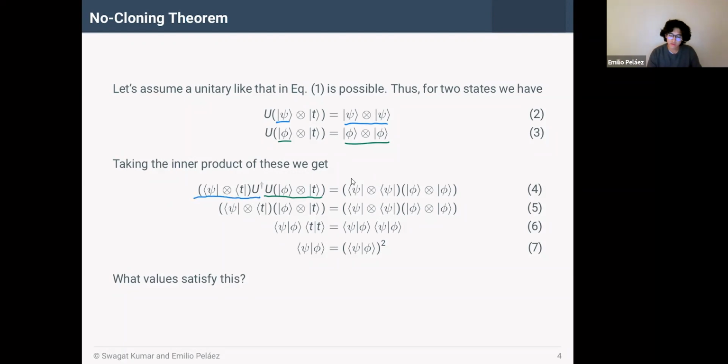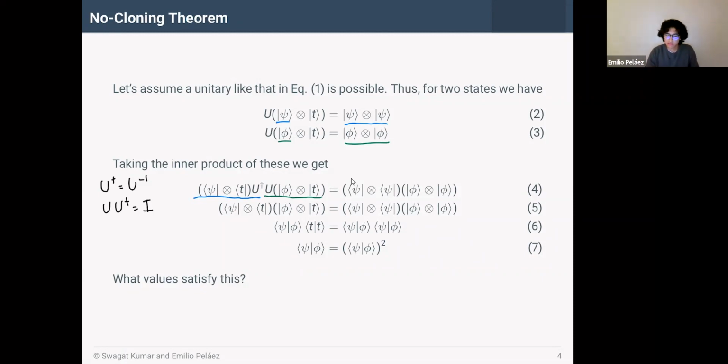And we just use, remember that all the gates are unitary, so the complex conjugate of a unitary is the same as the inverse. So the condition for a gate to be unitary is that U times U dagger equals the identity. So in the next step, as you can see, we can just get rid of U dagger times U. So that's what's happening there.